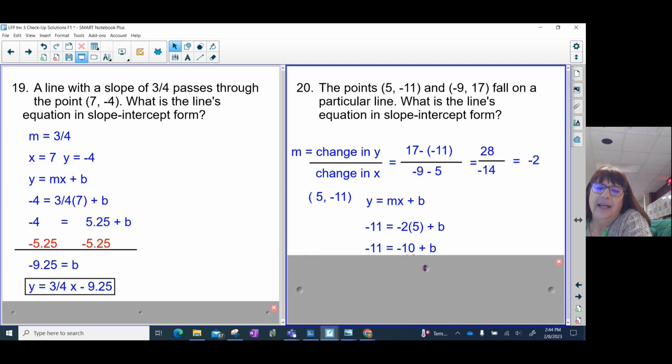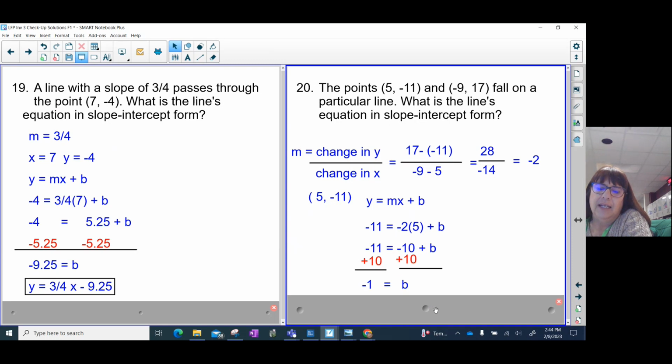When I do the math, I get -11 is equal to -10 plus b. To get b alone, I need to add a 10 to both sides. And when I do that, I get b is equal to -1. Using that information along with my slope that I found way back here at the beginning, -2, I'm going to write my equation. Y equals -2x minus 1.